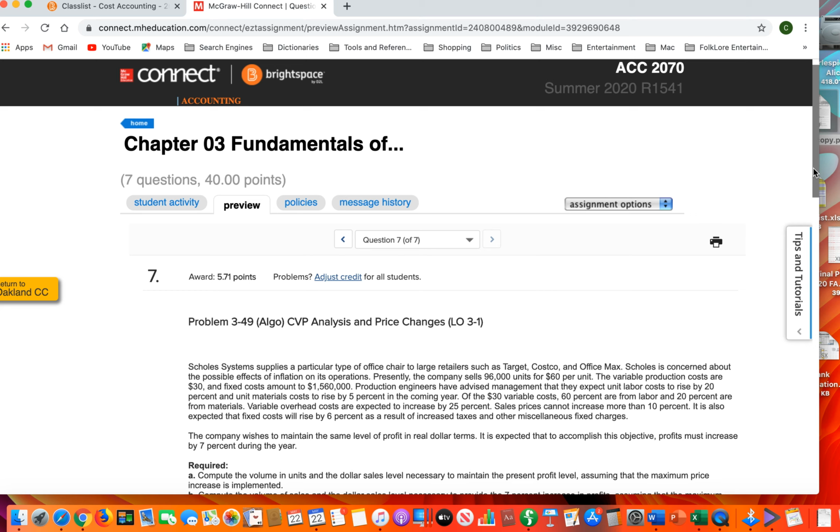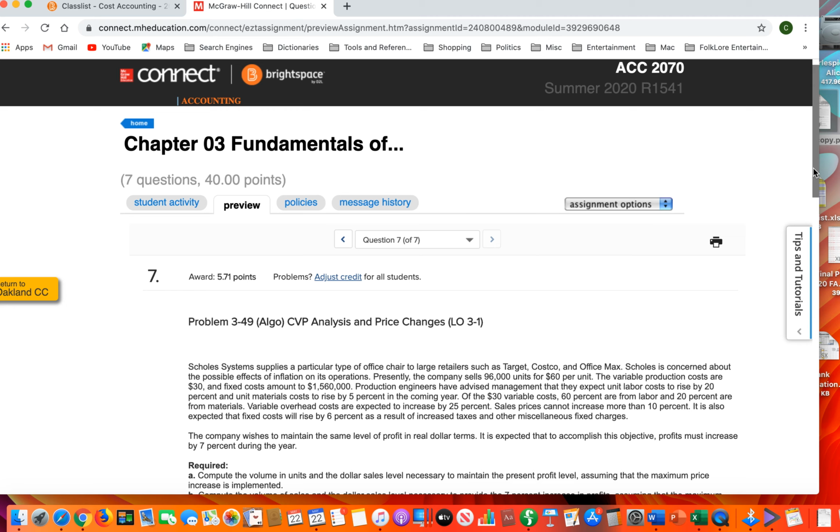But here's the thing we need to do. We know the contribution margin is now $2,973,600. We now know that the new contribution margin per unit is $30.60. How do we figure that out?